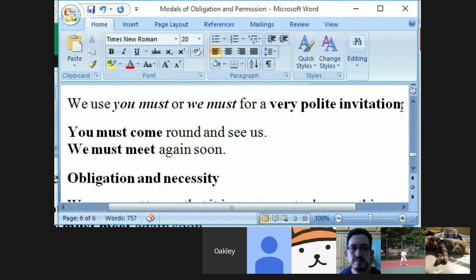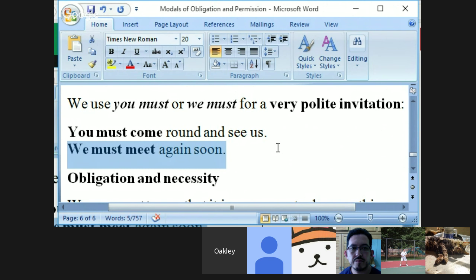A much more polite and extremely formal way to speak, a little bit overly formal: You must come round and see us. We must meet again soon. Here we see must being used for the first time.